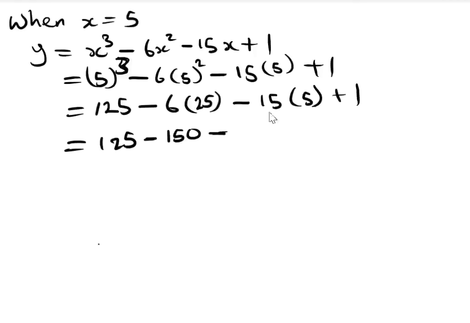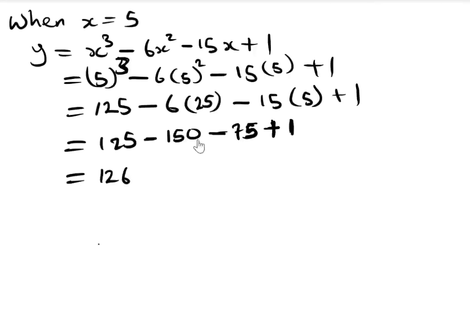Minus 15 multiplied by 5 is 75, plus 1. We can decide to sum the positive values together and the negative values together. 125 plus 1 is 126.